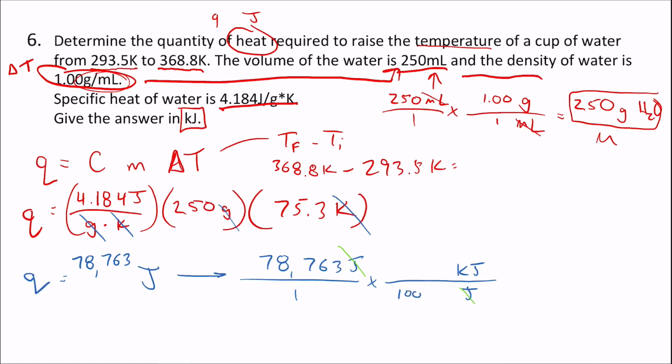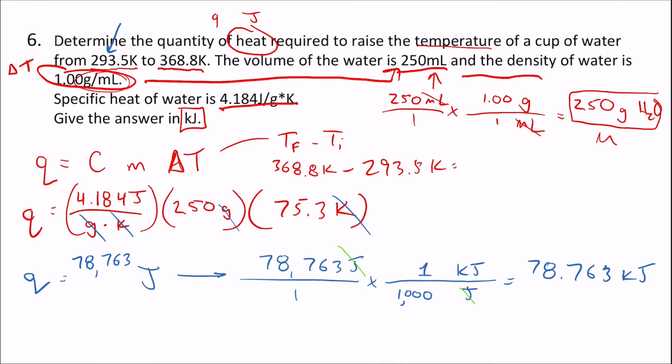There's 1,000 joules in 1 kilojoule. So you're basically going to take that 78,000 and divide it by 1,000. And that will give you the kilojoules. So that's going to give us 78.763 kilojoules.